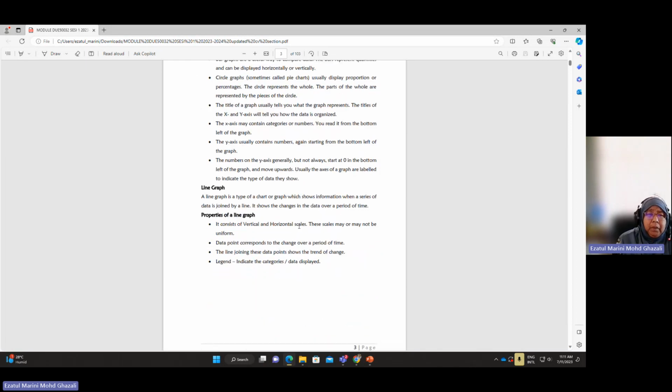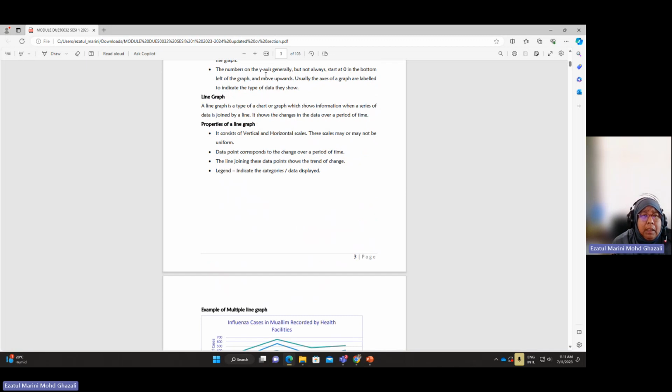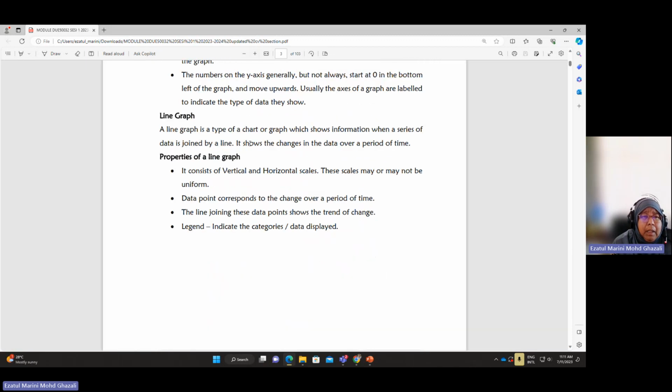If you look at the property of line graph, a line graph is a type of graph or chart which shows information when a series of data is joined by line. That's why it is called line graph. It discusses the changes of data over a period of time. It consists of vertical and horizontal scale, and this scale may or may not be uniform.